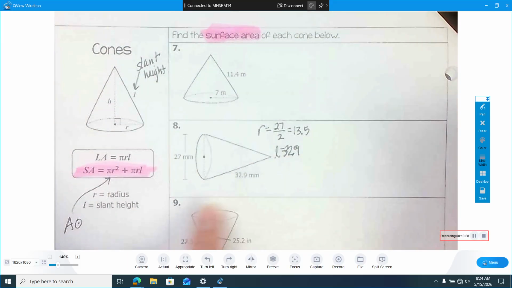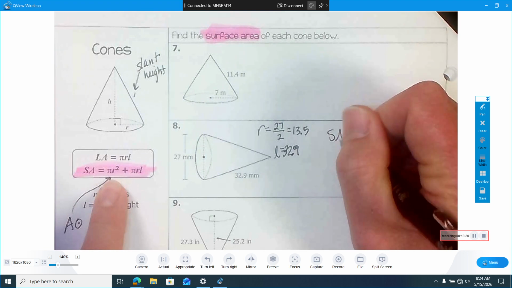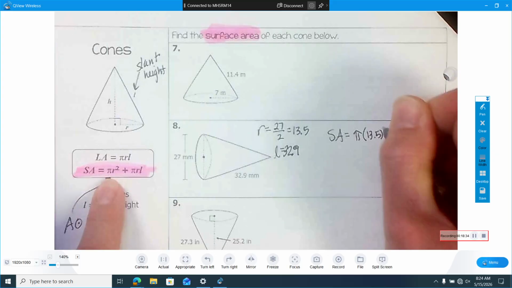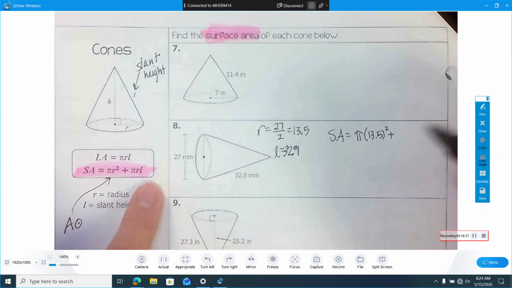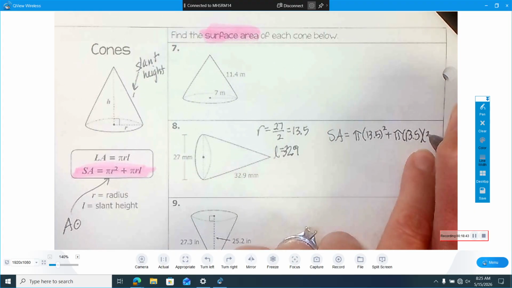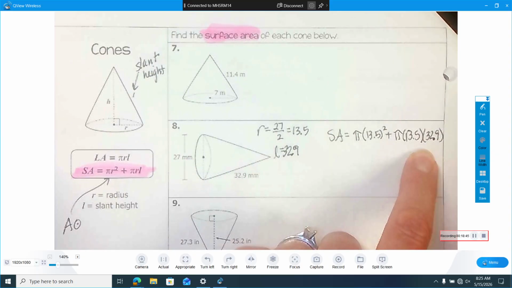So we have everything we need for our formula. Surface area is pi times radius squared plus pi times radius, 13.5, times the slant height, 32.9.